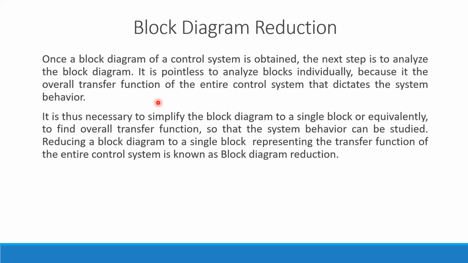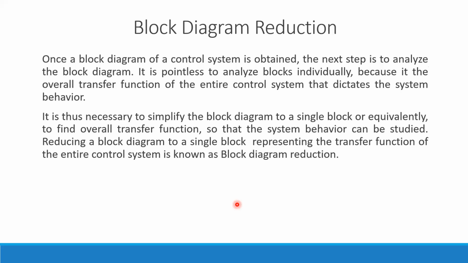It is pointless to analyze blocks individually. It is not possible for us to study the individual blocks, get their outputs, and then calculate the output of the whole system. Remember that a block diagram is a representation of the total physical system we are considering, and this system will have some small blocks in it.